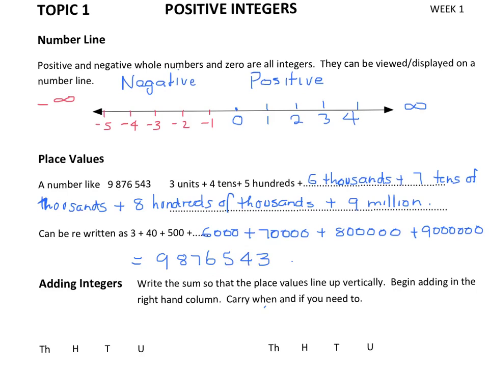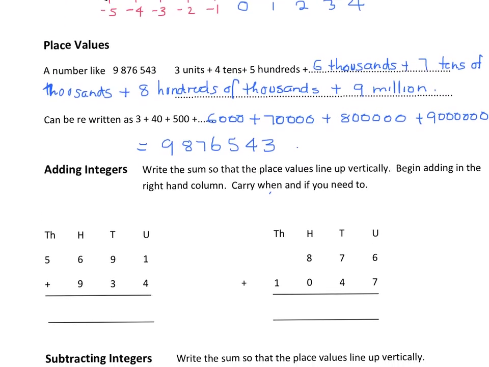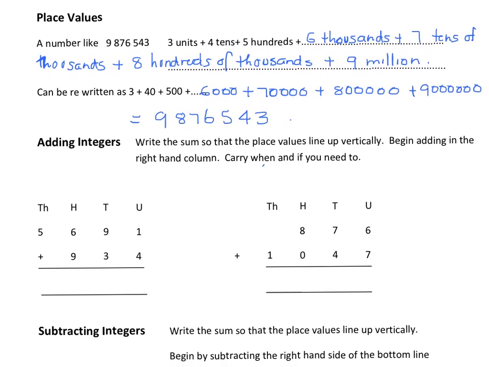So when we come to add whole numbers, and we're going to remember just be looking at positive whole numbers to begin with, positive integers, we need to be aware of what the place values are. So when we add integers, we write the sum so that the place values line up vertically. So there are my place values: thousands, hundreds, tens and units.